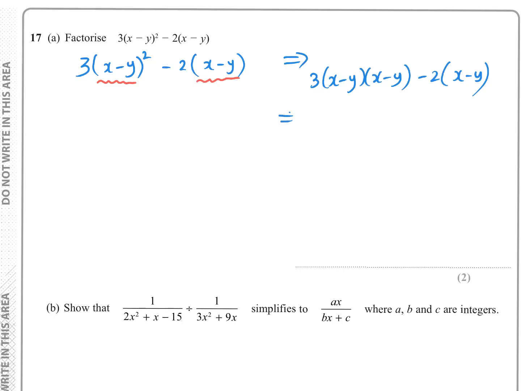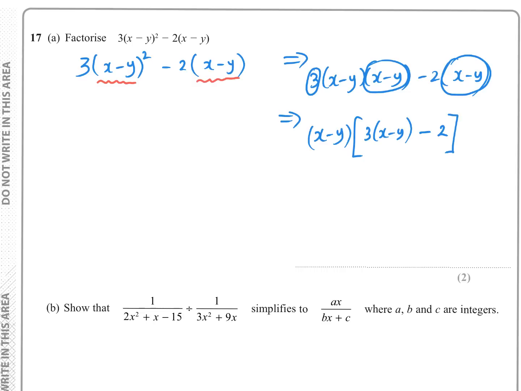then you can see that if I take x minus y out as a factor, then I'm just going to have 3 lots of another x minus y remaining. And if I take x minus y as a factor out of here, I'm just going to have minus 2 left.